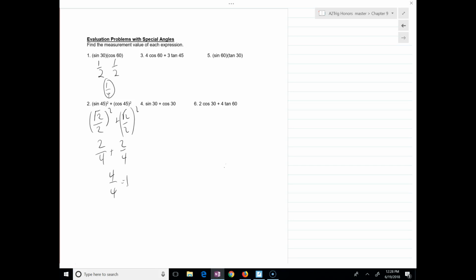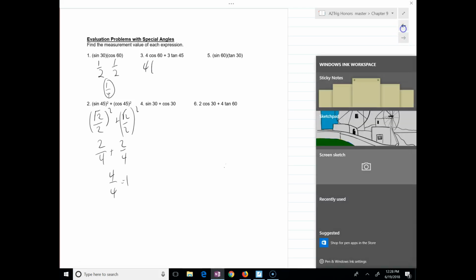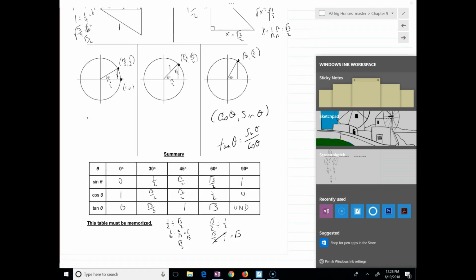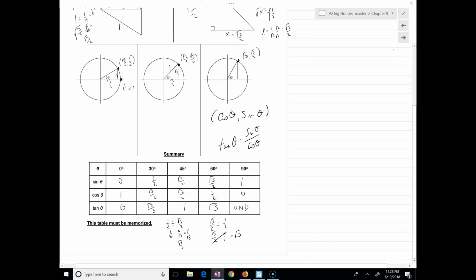So now, let's take a look at number 3. 4 times the cosine of 30. Again, if you go back to your chart, cosine of 60 is 1/2.